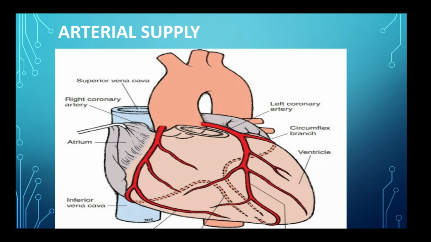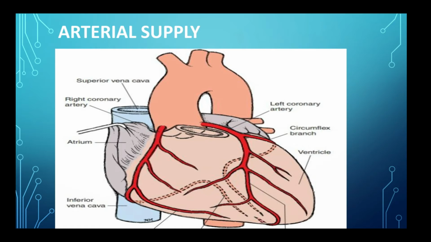The right and left coronary arteries are called coronary because they encircle the base of the ventricle somewhat like a crown.